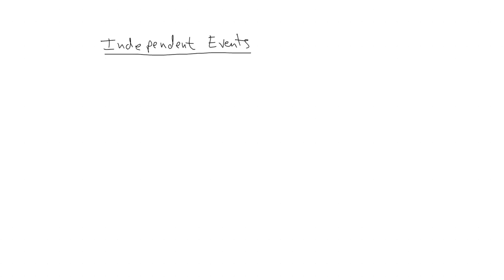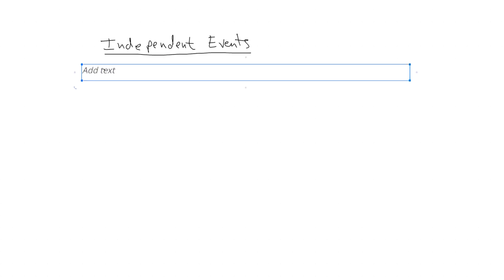So the knowledge of one event occurring, I'm just gonna type this out, I'm gonna get a little bit bigger here. We'll just say the knowledge of one event occurring does not affect the probability or knowledge of another event.